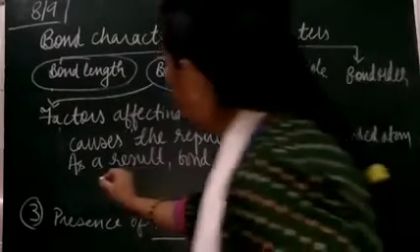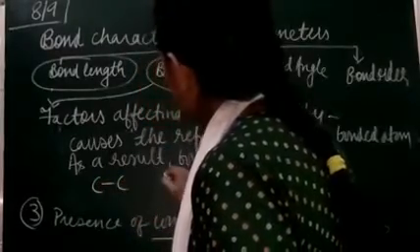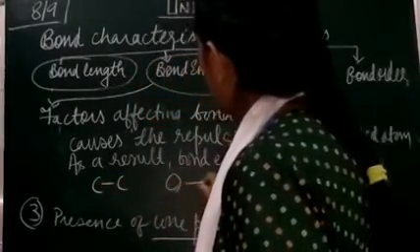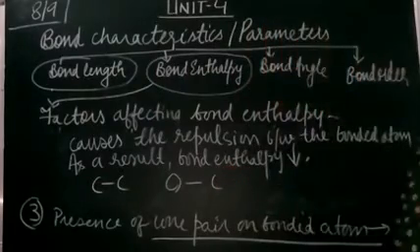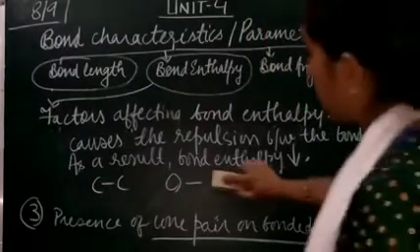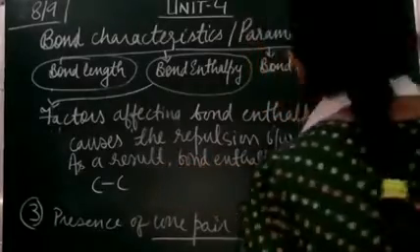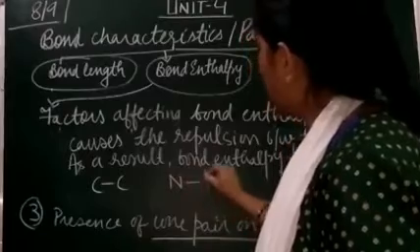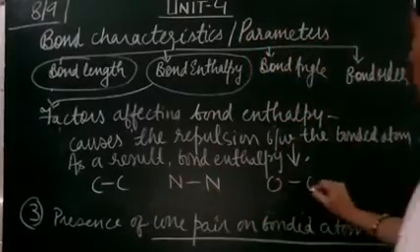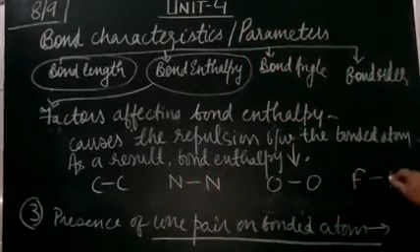Let us take the example here, carbon and carbon, then nitrogen and nitrogen, oxygen and oxygen, and fluorine and fluorine. Carbon has no lone pair on it.